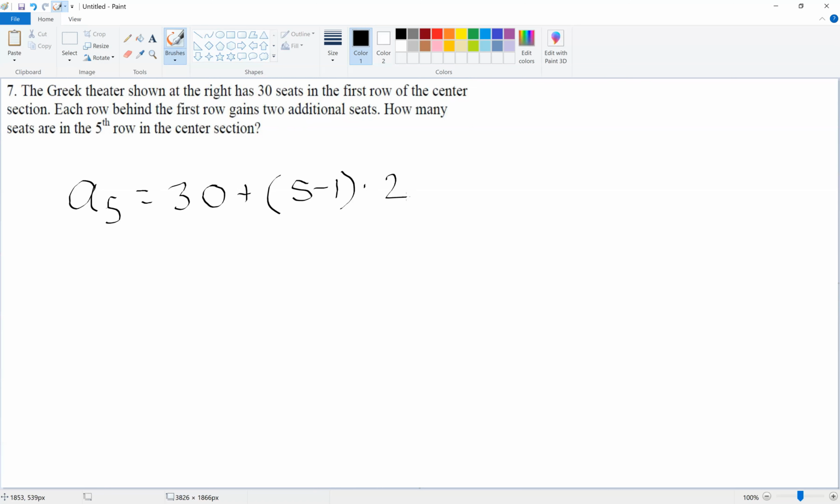Or wait, no, it would be 4 because it's 4 on each side, right? Or is it 2 on each side? Or is it just 1 on each side? It just says each row behind the first row gains 2 additional seats. Okay, so it is 2. Okay, so then 30 plus 8, which is 38.